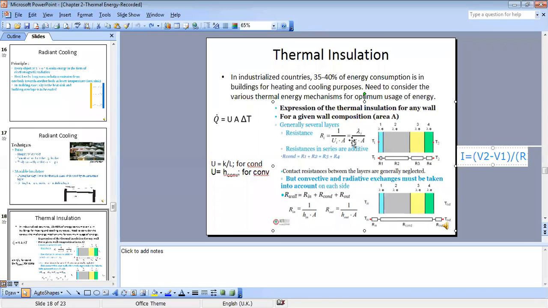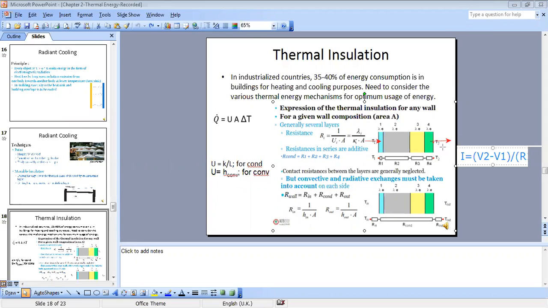In case you have a flux of heat, the intensity is equivalent to the heat flux. Your heat flux is going from the inner side to the outer side, or in the opposite direction, depending on the values of T1 and T2. If T1 is higher than T2, it will go in this direction. It will always go from the highest temperature towards the lowest temperature.